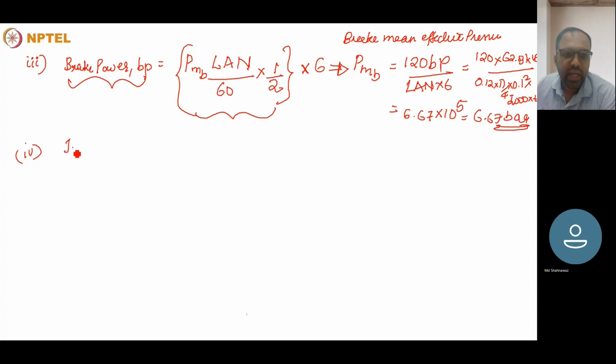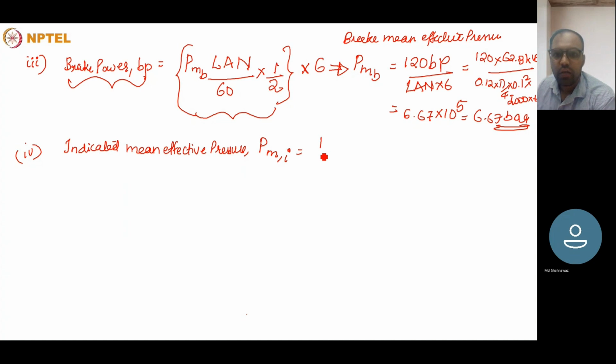Similarly, just like indicated power is related to the brake power by mechanical efficiency, indicated mean effective pressure is related to the brake mean effective pressure by the mechanical efficiency.